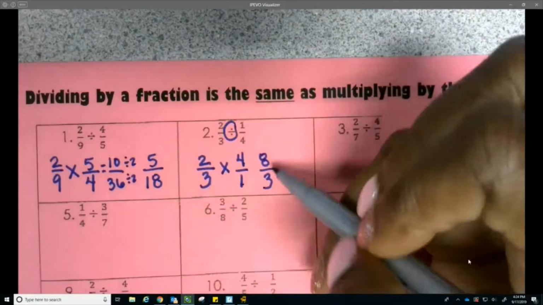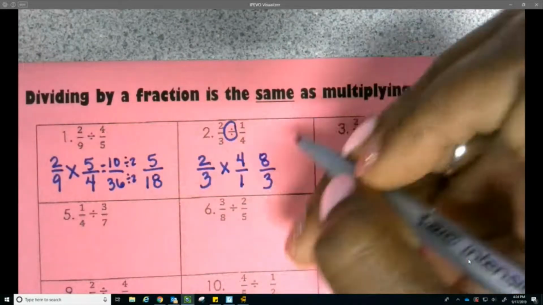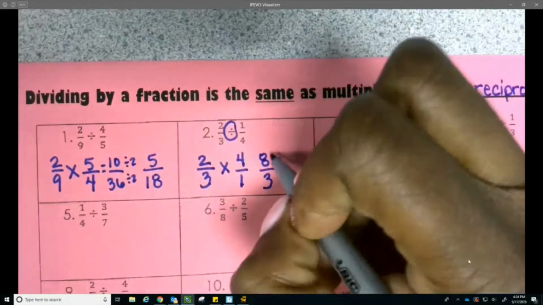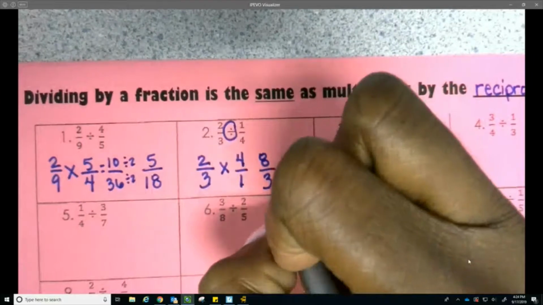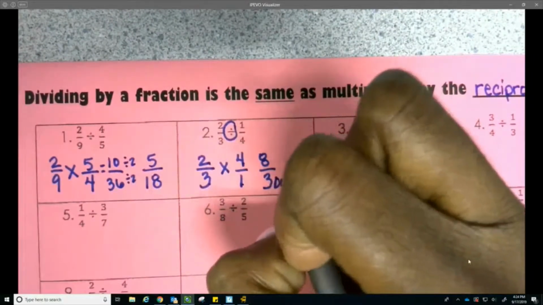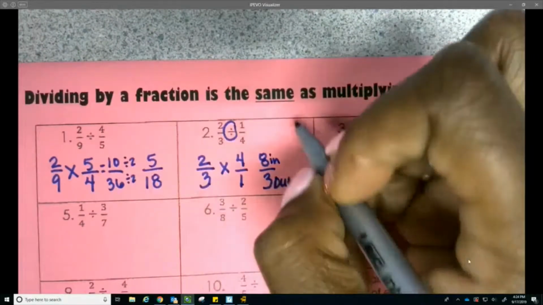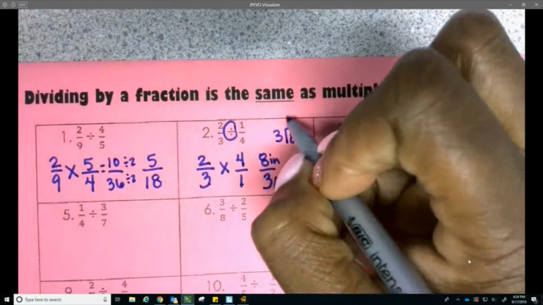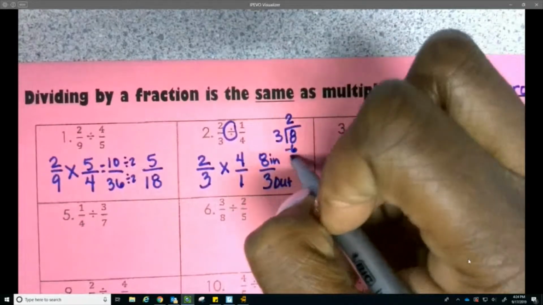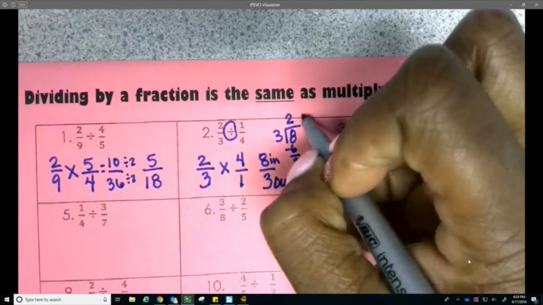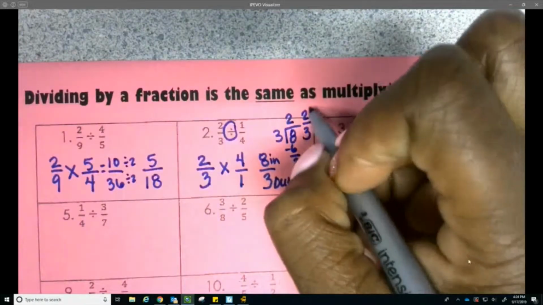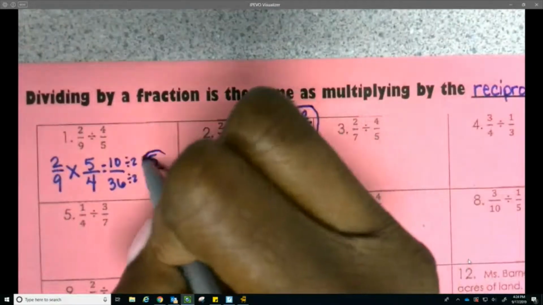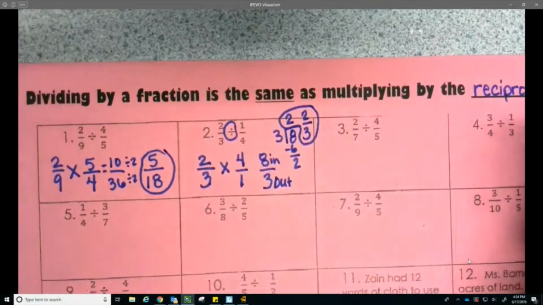That is an improper fraction because 8 is larger than 3. So I have to do some work here. I have to change it. 3, so bottom out, top in, 8 divided by 3 gives me 2. So that gives me 2 and 2/3. I'm going to box in my answers.